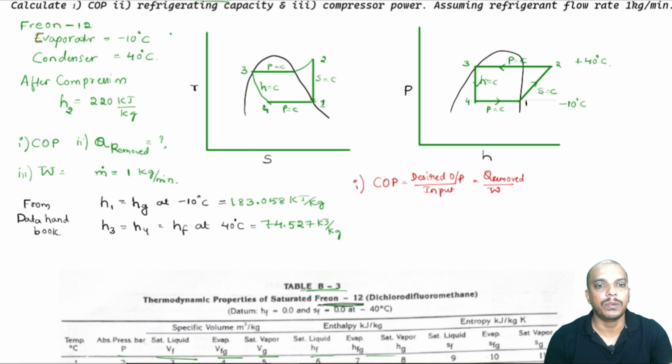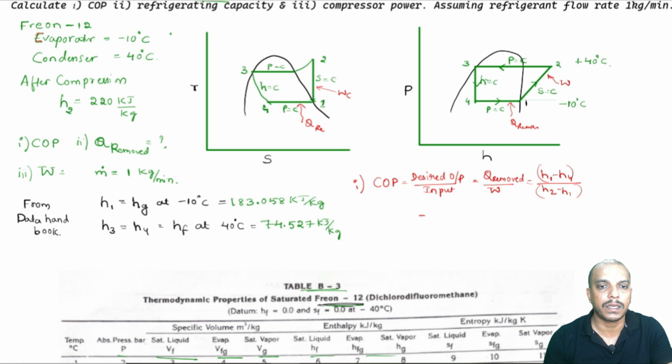This is the Q to be removed and this is the work we are supplying to the compressor, and you can show the same in the pH chart as well. Heat to be removed can be written as H1 minus H4. The W can be written as H2 minus H1.